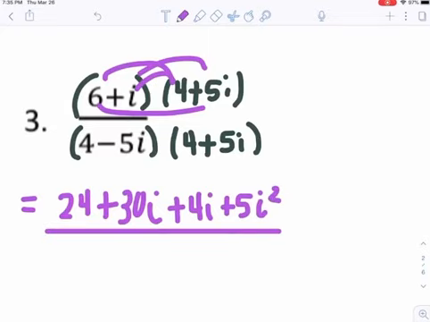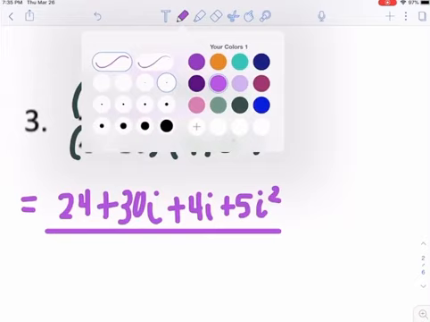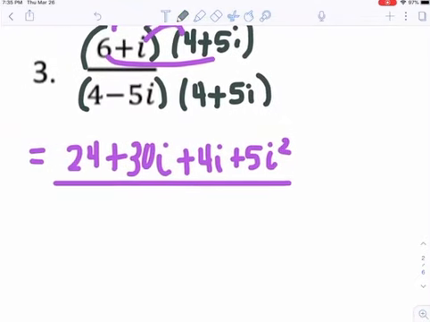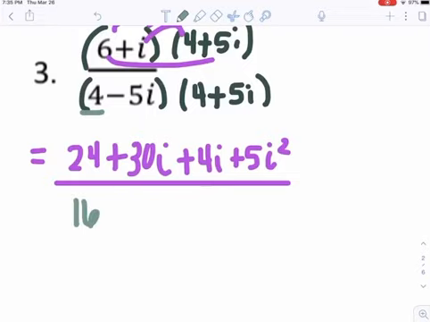All over. Well, I created a difference of 2 squares. So I'm going to take the shortcut. You can totally FOIL if you want to, but I know that my middle term is going to cancel out. So I'm going to square the first term, that's 16. I'm going to square the second term, that's 25i squared, and then I'm going to tag subtraction in between.